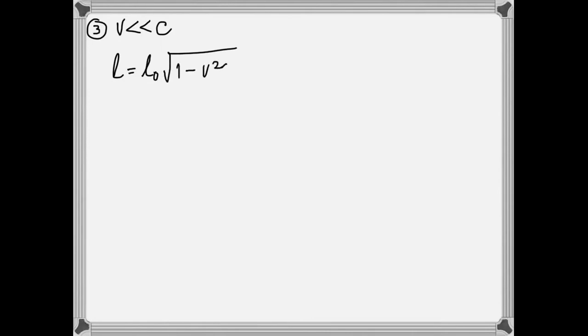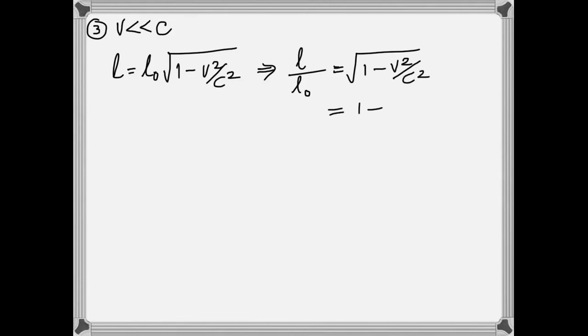L is L naught by gamma, but this is the value of gamma. So L by L naught is square root 1 minus v squared by c squared, raised to half.